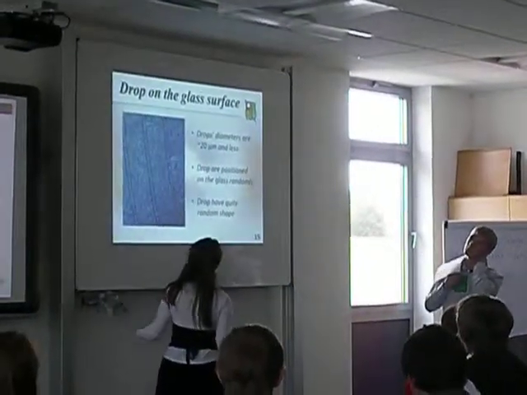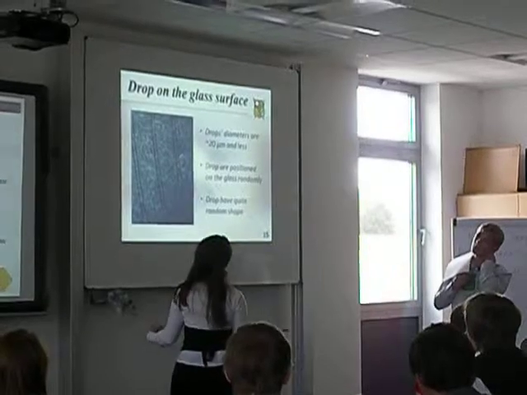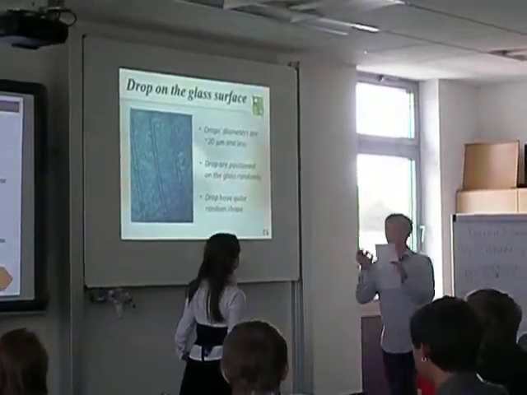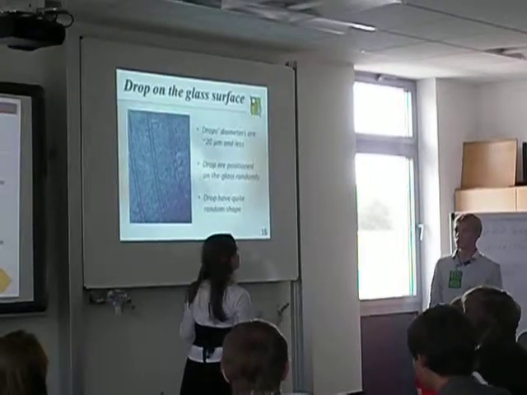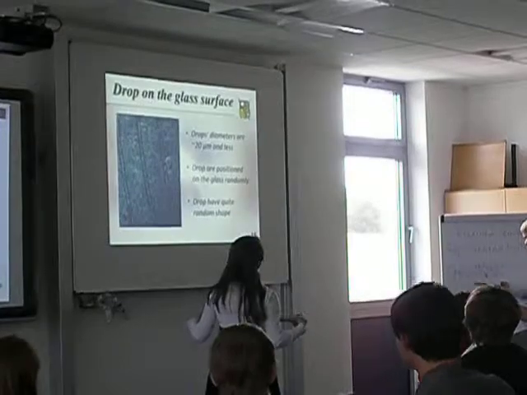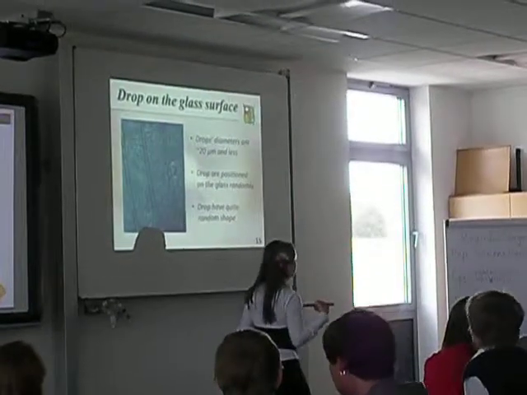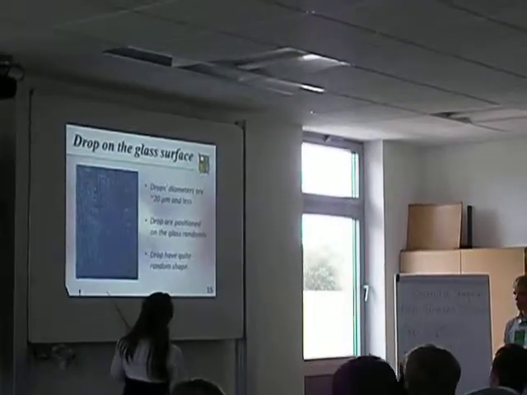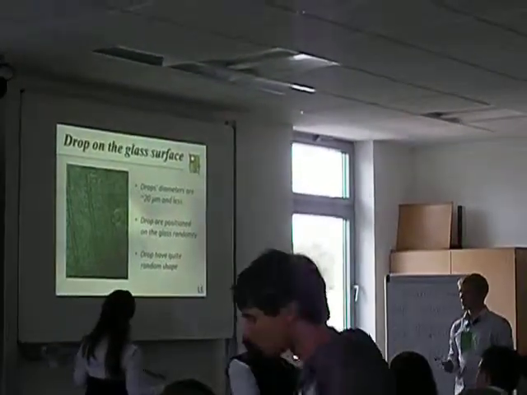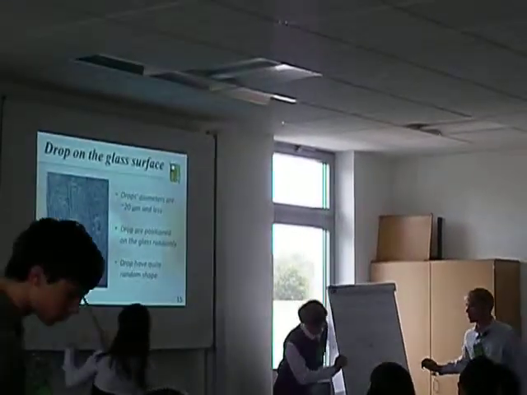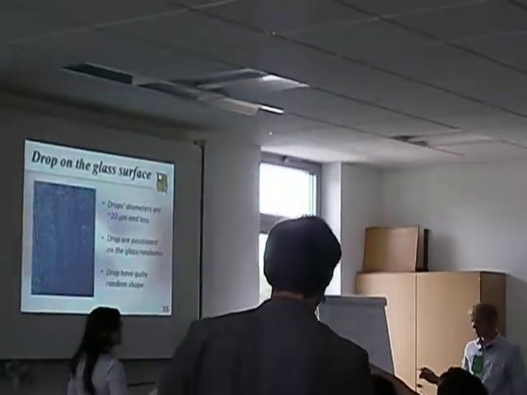The distribution of our drops on the glass is really random. And about one thing: could the drops overlap? What do you mean? This drop and this drop, they overlap.